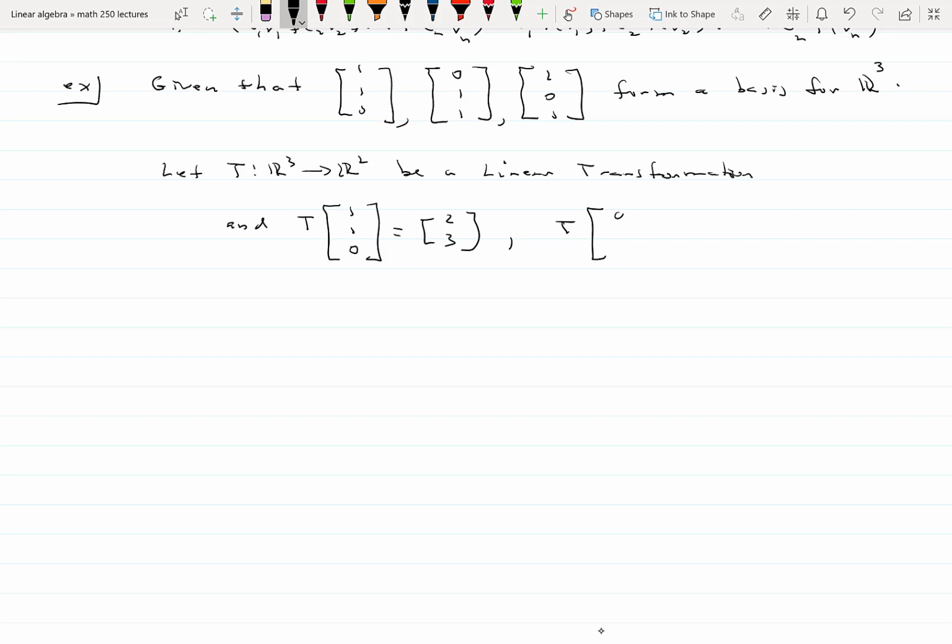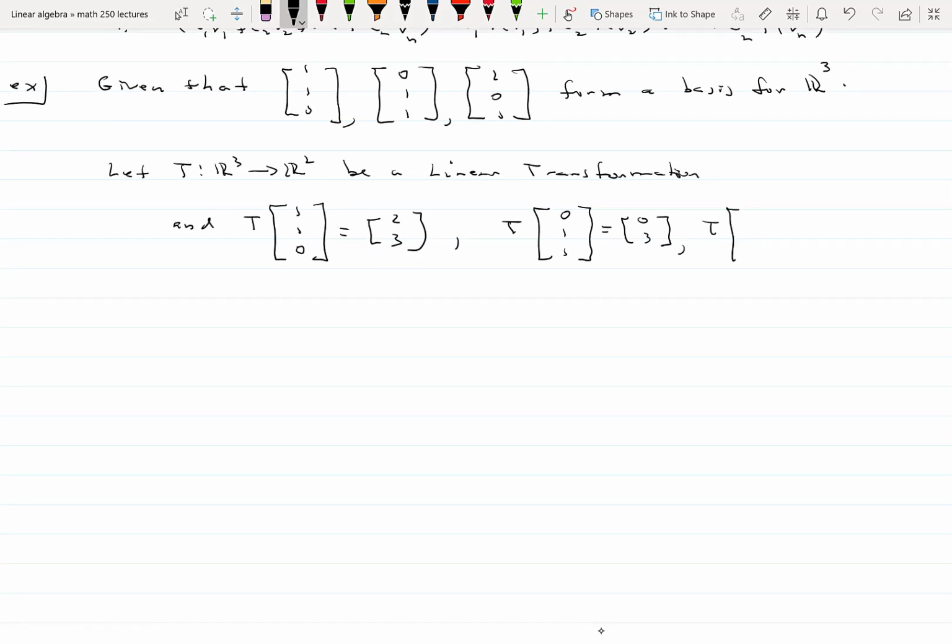T takes the second basis vector (0, 1, 1) to the vector (0, 3). And T takes the third vector (1, 0, 1) and turns it into (0, 2).